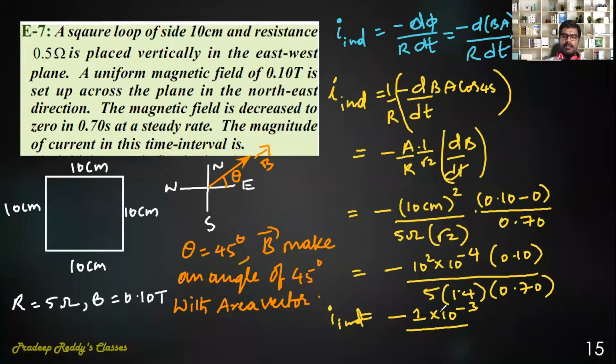Denominator you can write as 5 into 14 into root 2. I am writing it as 1.414 actually, but I am taking it as just 1.4. 10 power minus 1 will be left over there. Here I am taking it as 7 into 10 power minus 2. If you evaluate this, finally you will get the answer for induced current, and that will be in ampere.